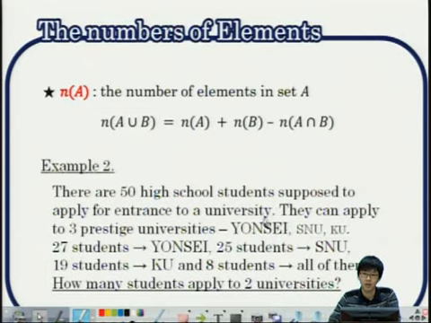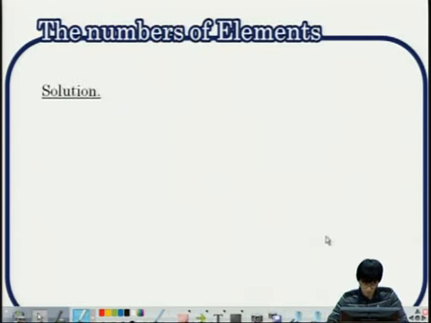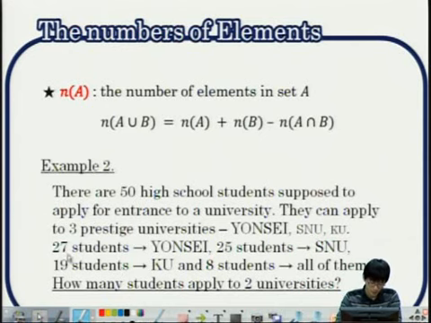This is the biggest letter, and these 2 are small. 27 students applied for Yonsei, and 25 to SNU, and 19 to KU. Wow, the most students applied for Yonsei. And 8 students, all of them. Wow, they must be smart.